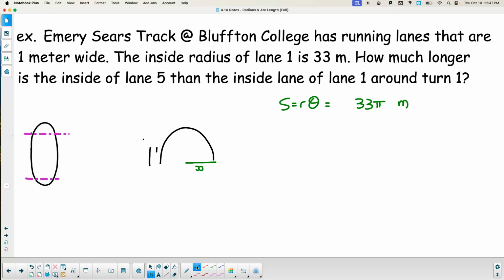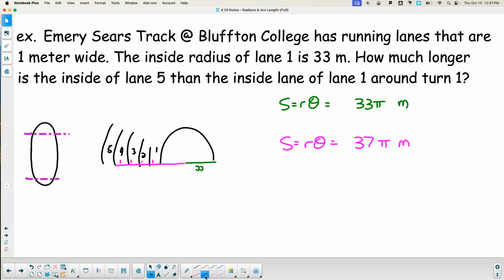Okay? Then we have lane 1. Then we have lane 2. Then we have lane 3. Then we have lane 4. Then we have lane 5. The inside of lane 5 is the outside of lane 4. So we add 1, 2, 3, and 4 to my 33, and that gives me an arc length of 37 pi meters for the inside of lane 5, which means that there is a difference.